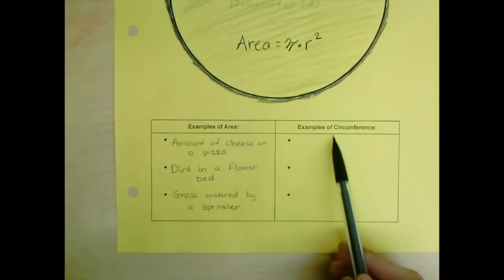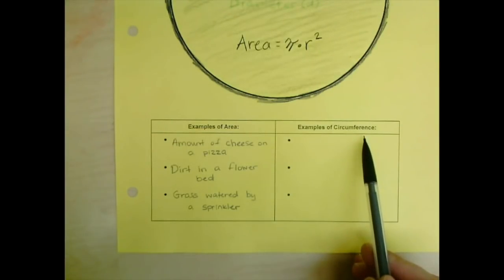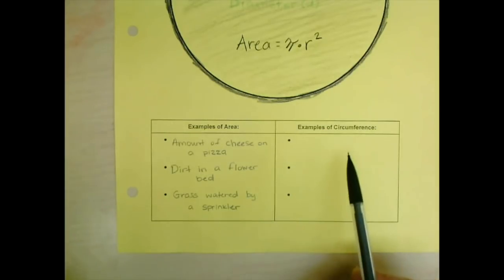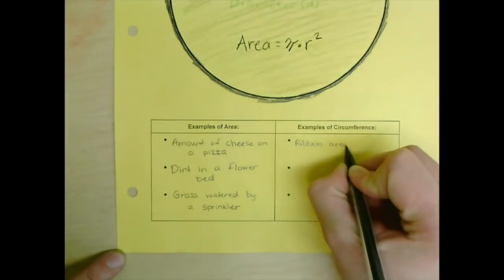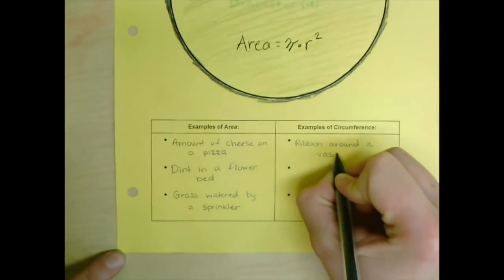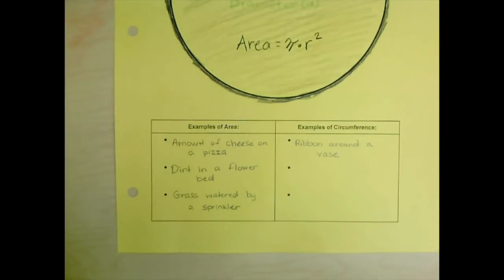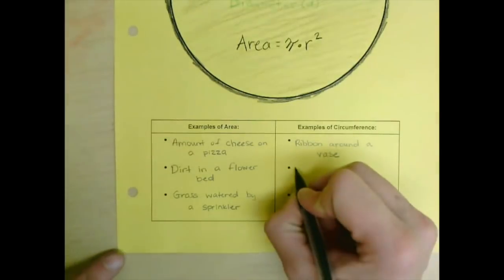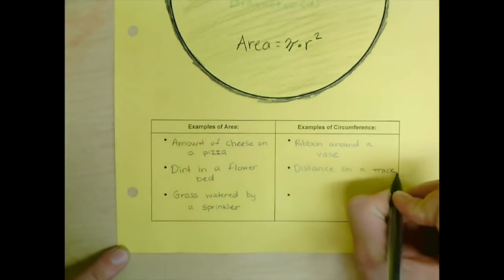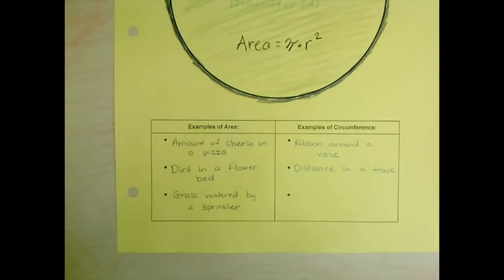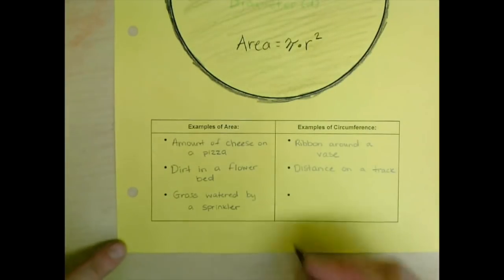Over here for our examples of circumference, our first one would be the amount of ribbon needed to tie around a circular vase. Our second example would be the distance that you run around a track. And our third example would be the number of beads you need on a necklace.